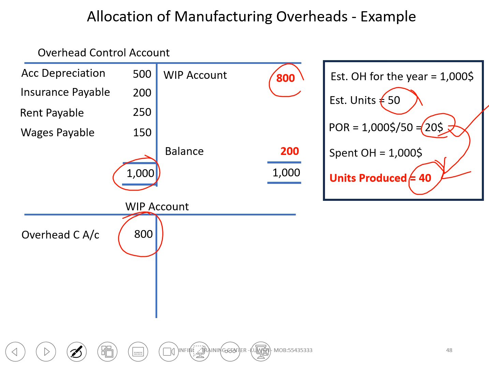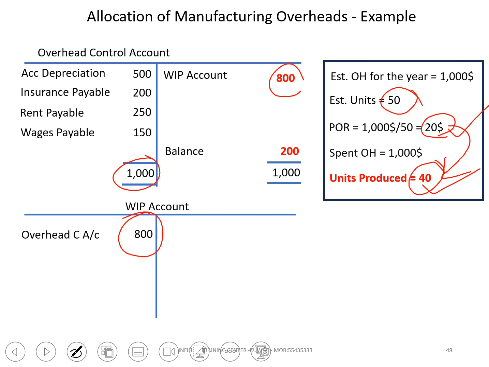Why did the work in progress get only 800? Because of the application rate for 40 units. The number of units is different from the estimate. In our previous example, the amount spent was different from the estimate. Now here, the allocation base is different from the estimate.